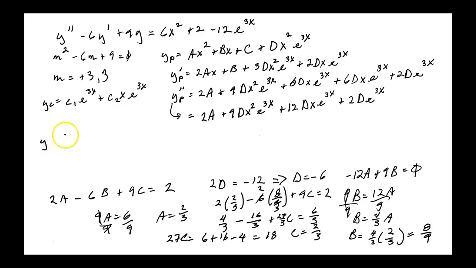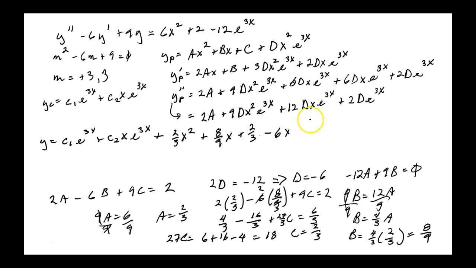So our overall solution y is equal to C1 e to the 3x plus C2 x e to the 3x plus, now our a up here is 2/3 x squared, b is 8/9 x, c is 2/3 again, plus 2/3, d was minus 6 x squared e to the 3x.